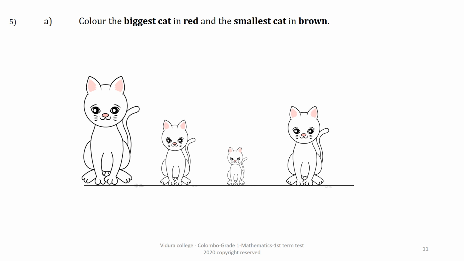Okay. Now, take out the brown pencil and color the smallest cat. Which one? The smallest cat. Smallest cat in brown. Okay, let's start.